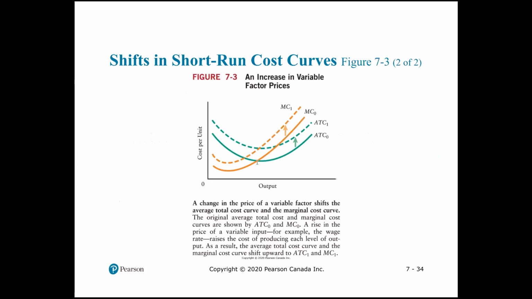So there's an increase in wage, so for every unit it's just going to shift my curve up, because again, my cost is W times L. So if W increases, then at every point it costs more to produce that output. So it's just going to shift my curves up.